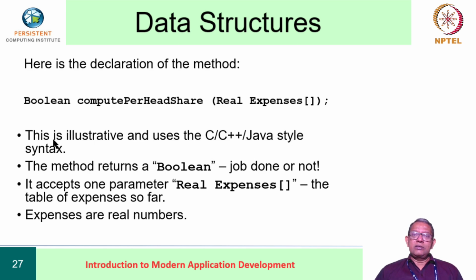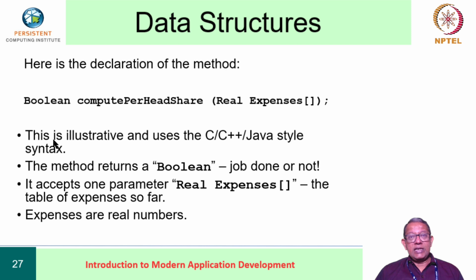Here is a declaration sketch of the method. Boolean compute per head share, real expenses array. This declaration is illustrative and uses a C++ Java style syntax. The method returns a boolean, job done or not.